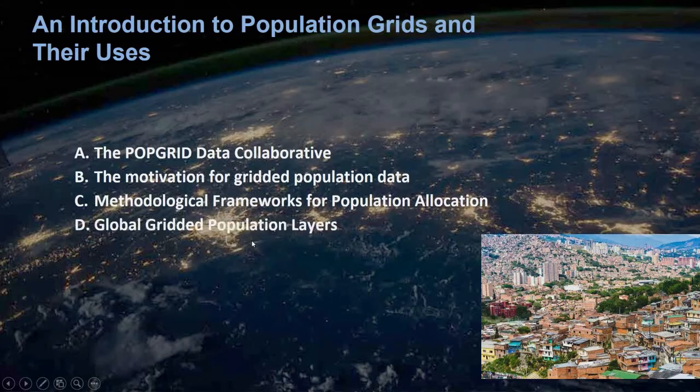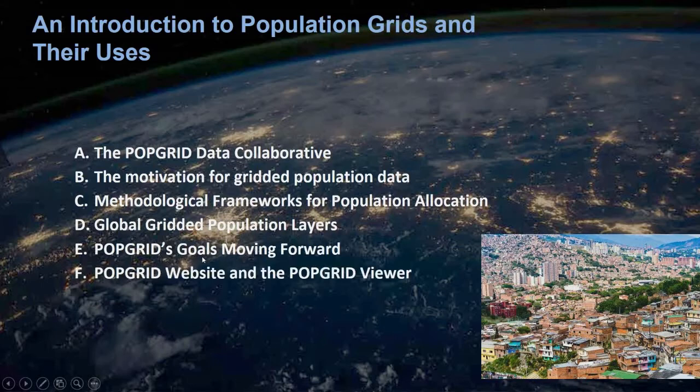We will give you an overview of existing global gridded population layers that are open to the user community. We will talk a little bit about POPGRID's goals moving forward and give you a short tour of POPGRID's website and the POPGRID Data Viewer that can be used by the user community for quick data exploration.